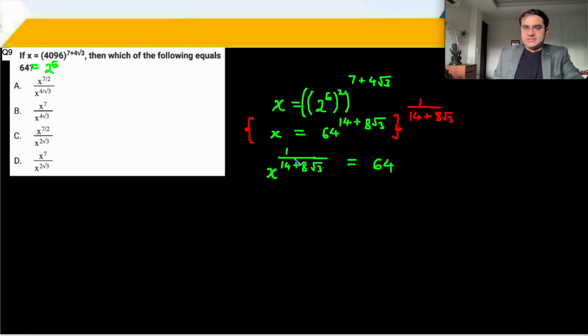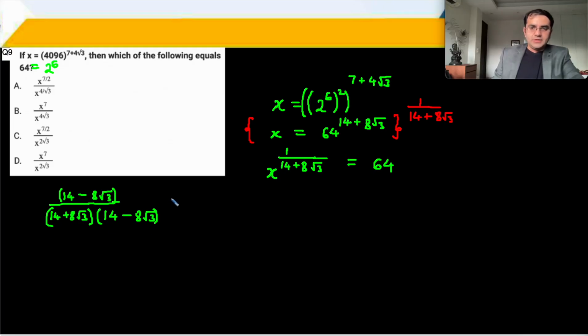हमारा आंसर आ जाएगा. So let us quickly rationalize this. 1 upon 14 plus 8 root 3. Multiply, divide by 14 minus 8 root 3. ठीक है.